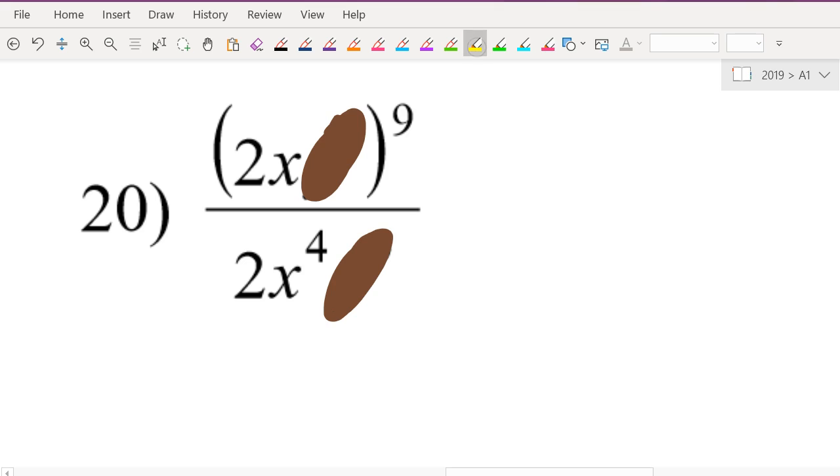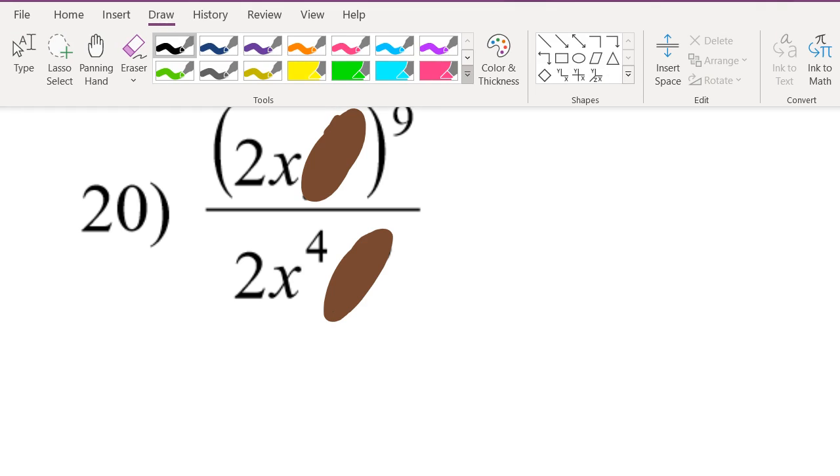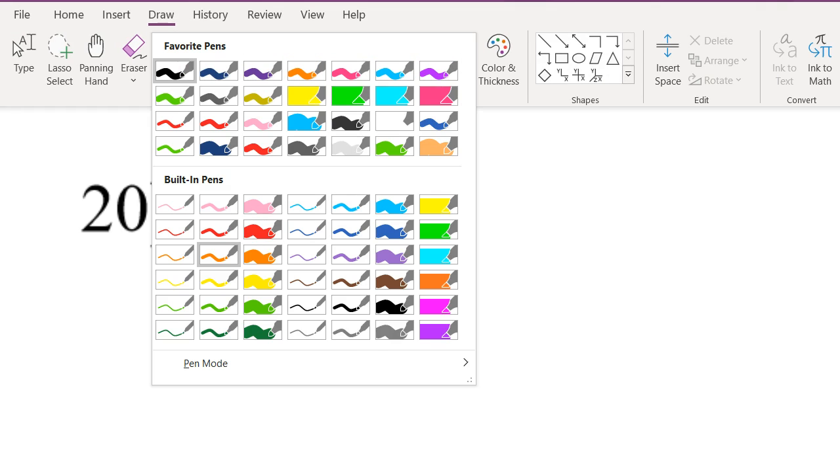So if you tried to cancel out this x, then you made a mistake. You have to do the parentheses first. All right. So if we wrote this 9 times, we would get, I need to change it. Let's see. How about this one?